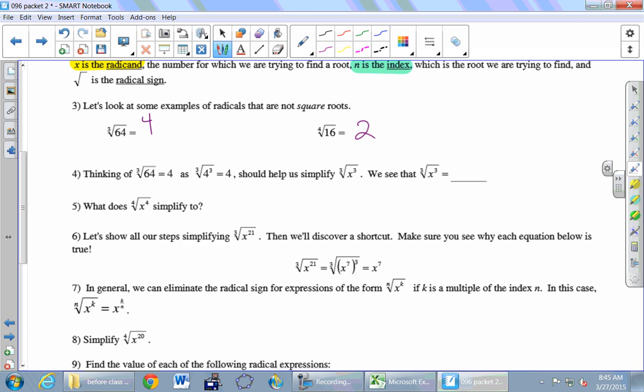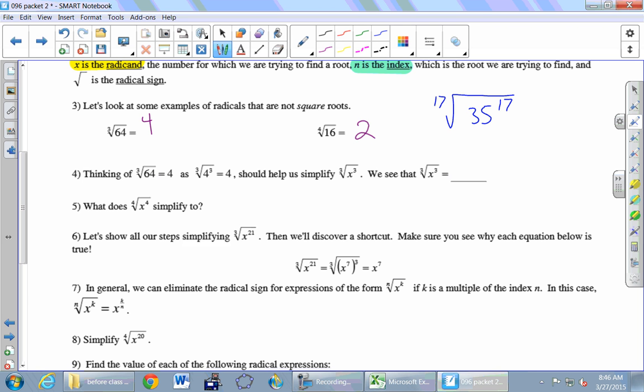Agree? And so if we happen to have something like, I don't know, the 17th root of 35 to the 17th power, I don't happen to know what 35 to the 17th power is, but I know what the answer to this problem is. It's 35.